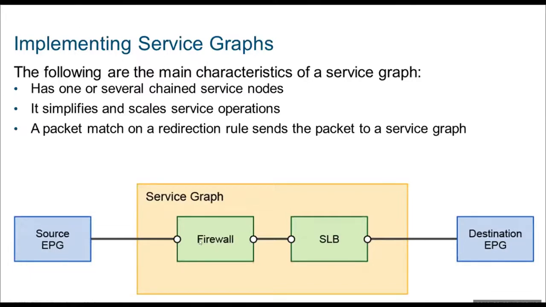You can use this for devices which work in active standby mode, cluster mode. Keep in mind this whole device package or OpFlex is implemented by the vendor. So the vendor knows they have clustering. So they make sure that they provide us with the device package accordingly. And thus the APIC can provision the service device correctly.